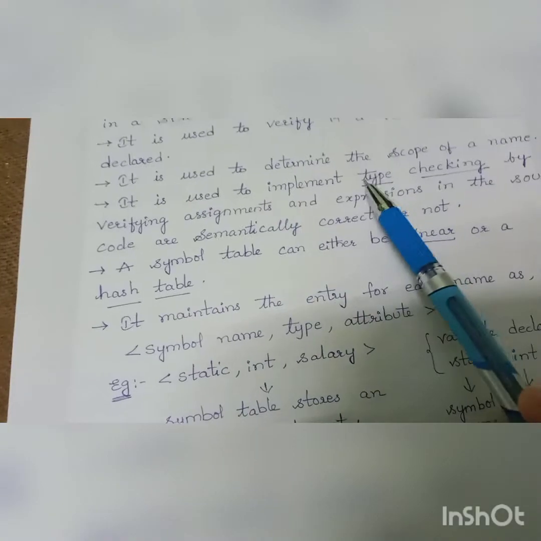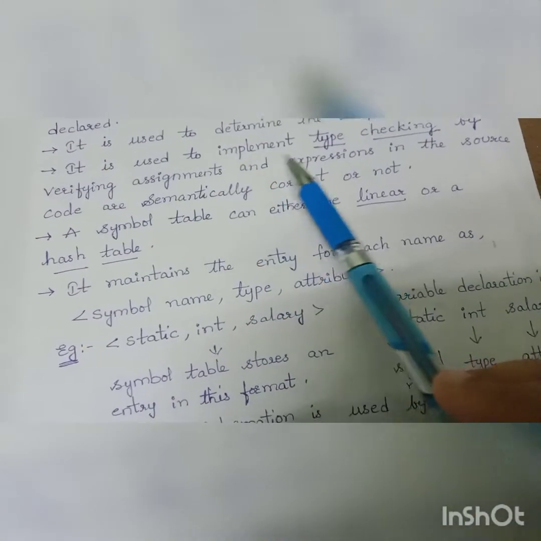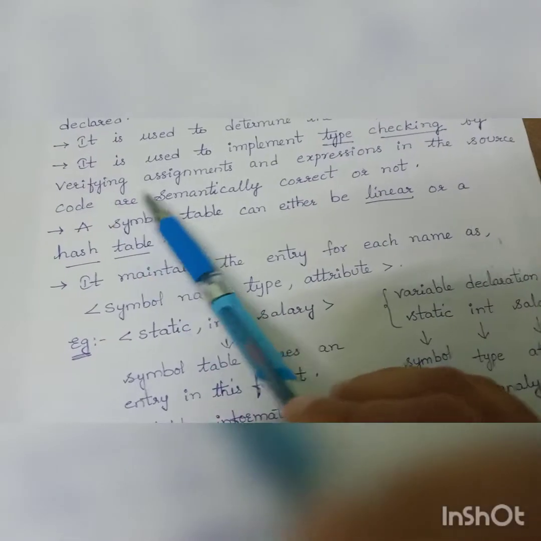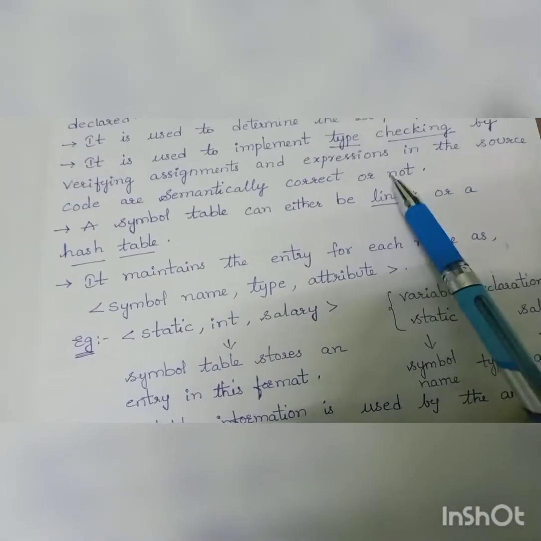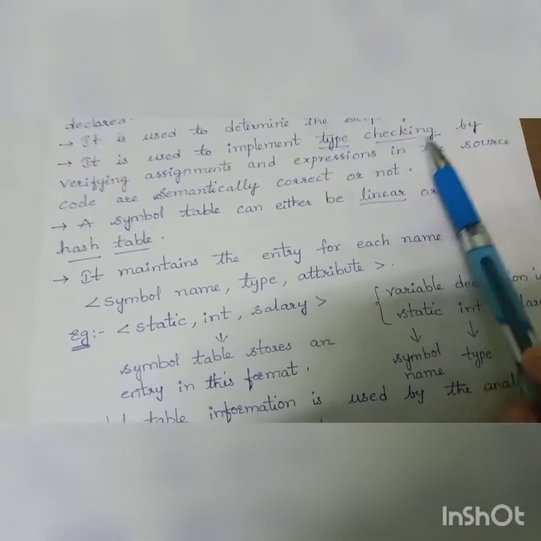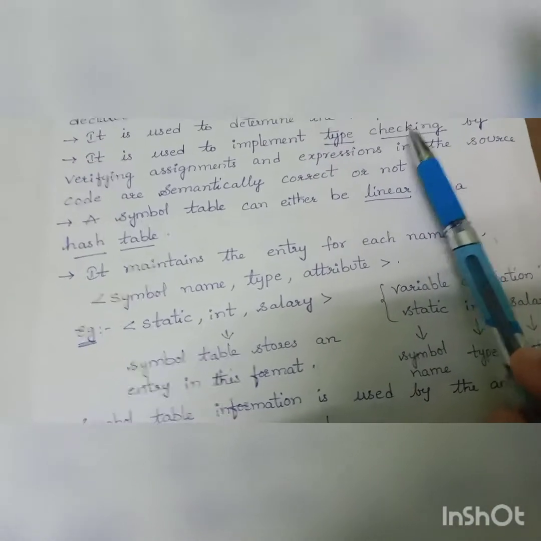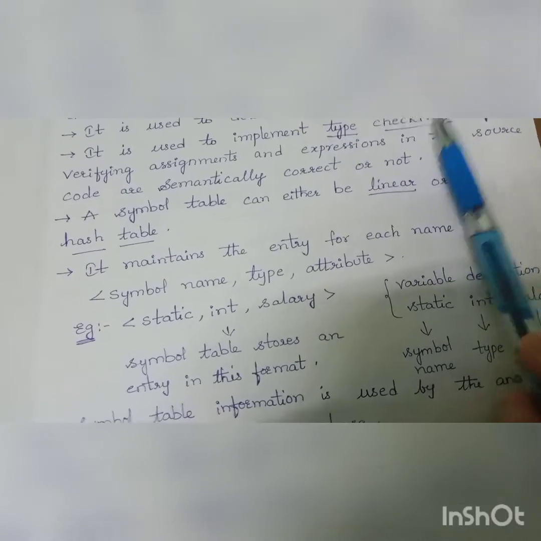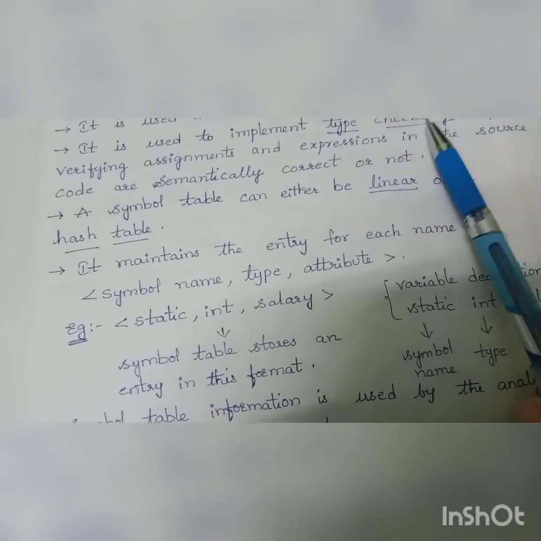It is used to implement type checking by verifying whether assignments and expressions in the source code are semantically correct or not. So the symbol table will perform the type checking operation also. It means the data types are checked to see whether they are semantically correct or not.